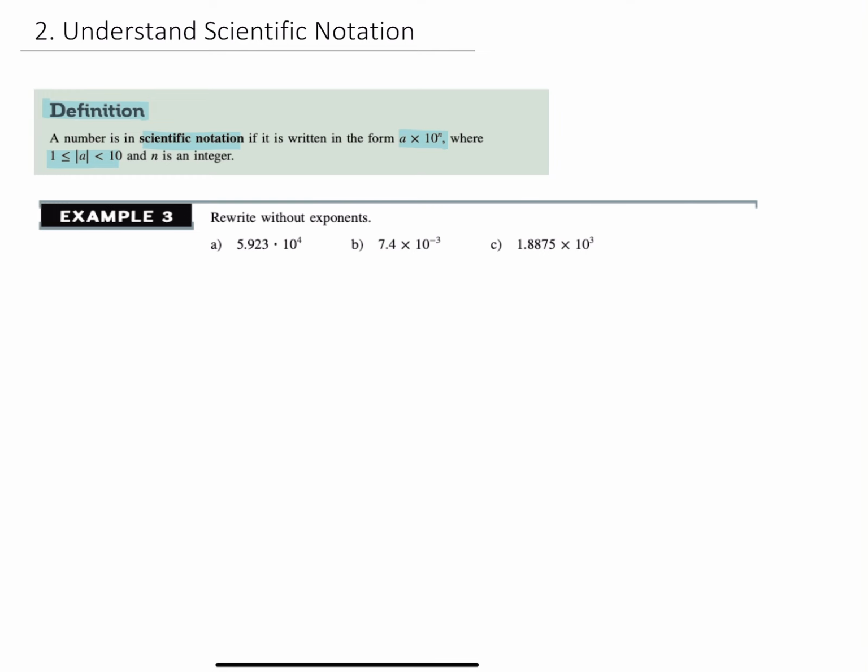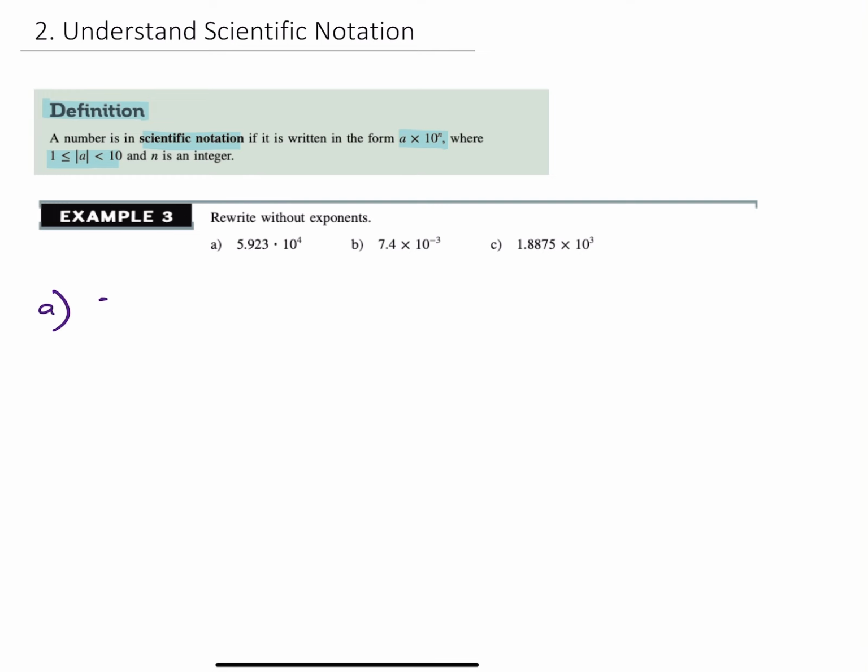Let's see a few examples. All of these look like they're in scientific notation: 5.923 times 10 to the fourth, 7.4 times 10 to the minus third, 1.8875 times 10 to the third. It wants us to rewrite without exponents, meaning to take it out of scientific notation.